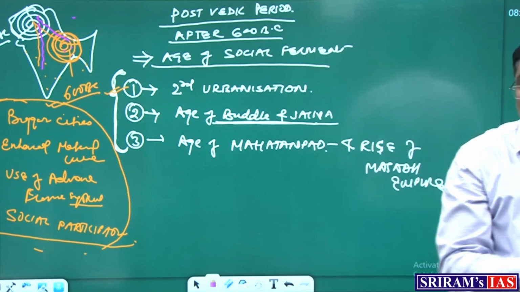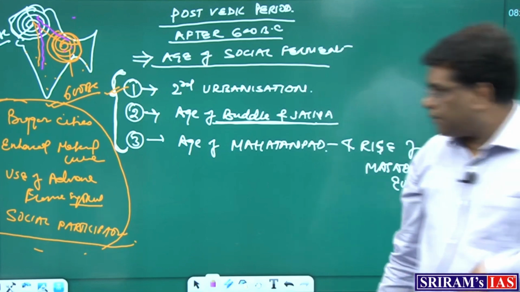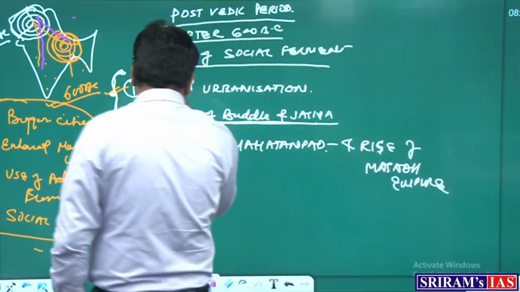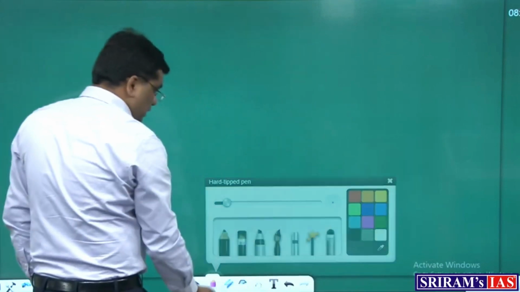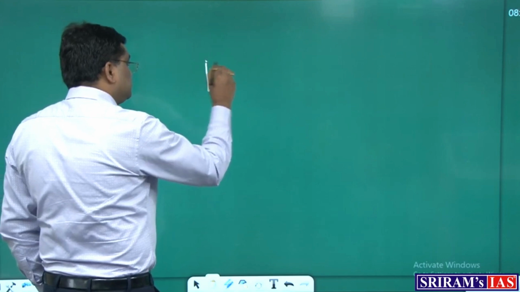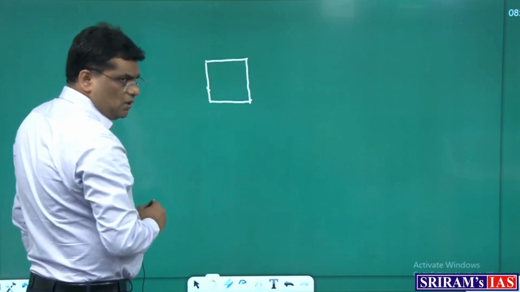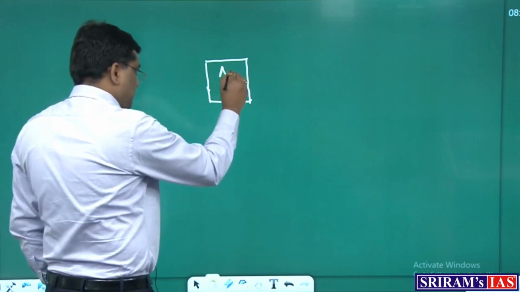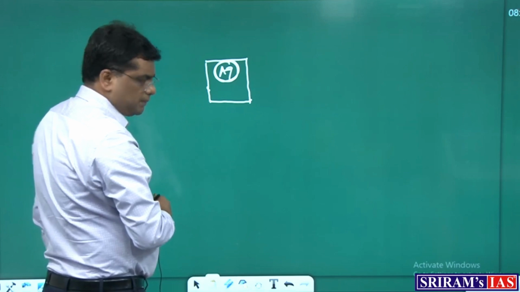I think in geography you might have studied the central place theory. So we are talking about the second urbanization. There is a concept that in this area, suppose agriculture is there, agriculture-based urbanization.